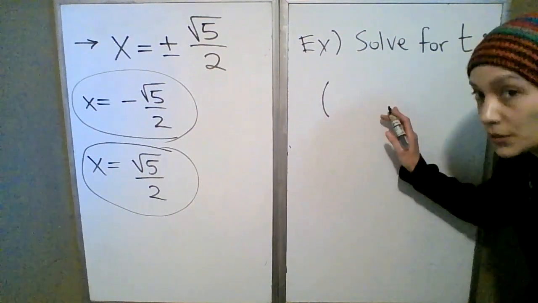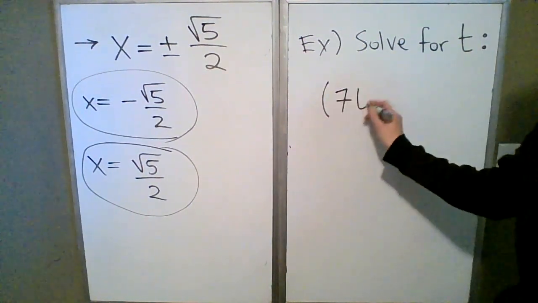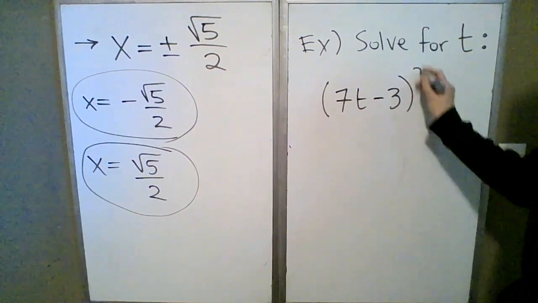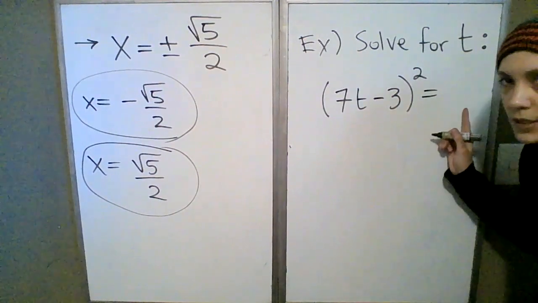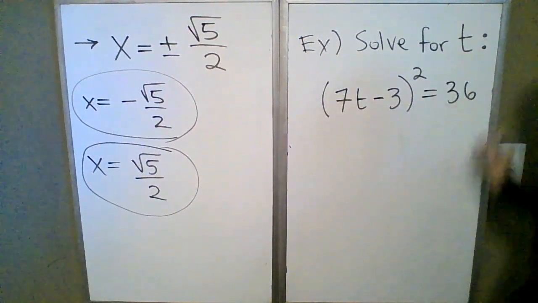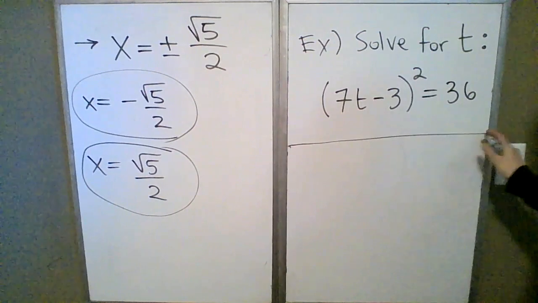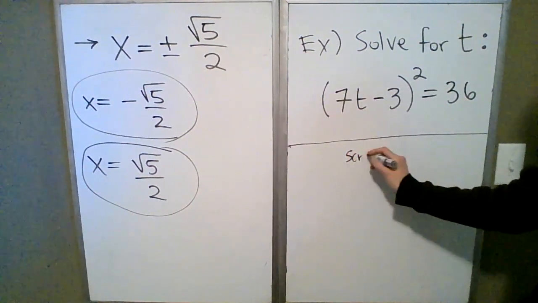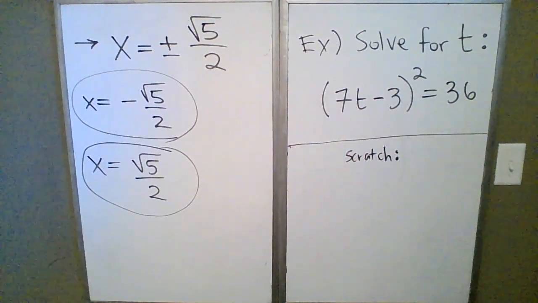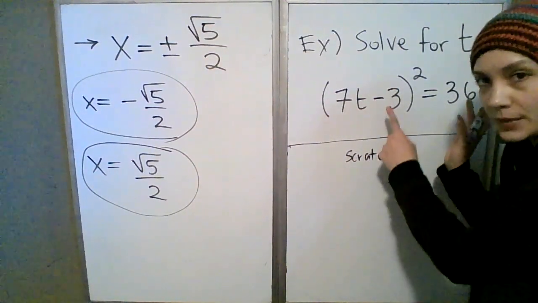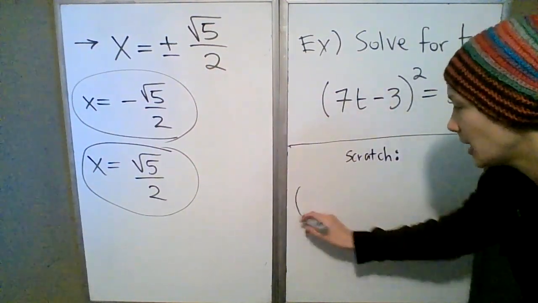Seven t minus 3 squared equals 36. So just copy this just how it is.